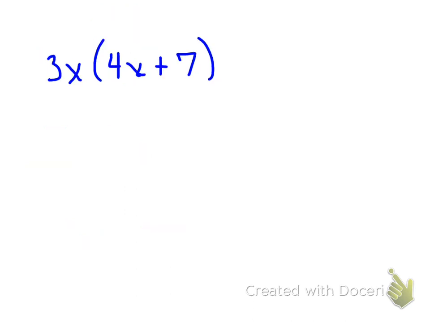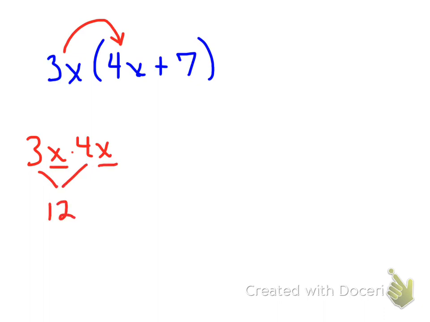One last example. This problem, I'm actually distributing 3x. 3 times x times the parenthesis here of 4x plus 7. So 3x times 4x, I'm going to multiply my 3 and the 4 to get 12, and x times x gives me an x squared.